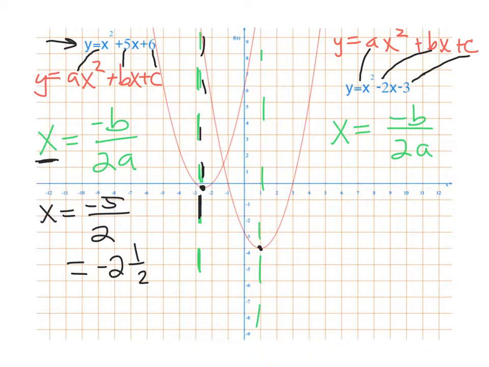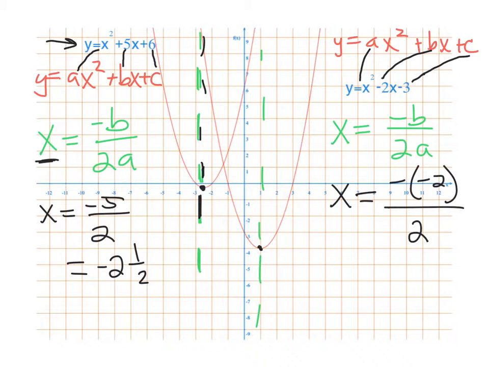We can do the same thing over here to this equation, and so when we substitute in our b, in this case our b is negative 2, so we have negative b, our b is negative 2, and it's all divided by 2a. A again is 1, so we don't have to worry about it because 2 times 1 is just 2.